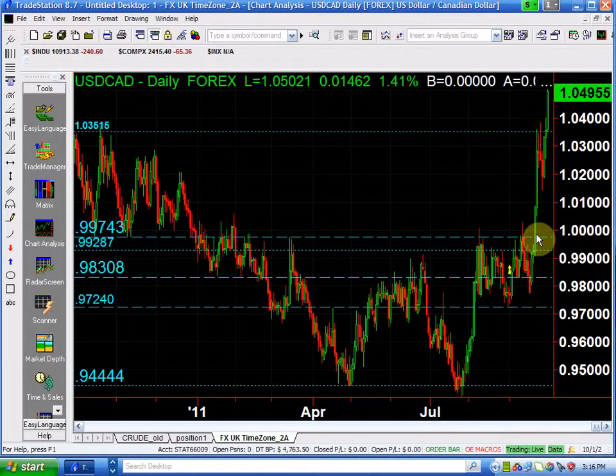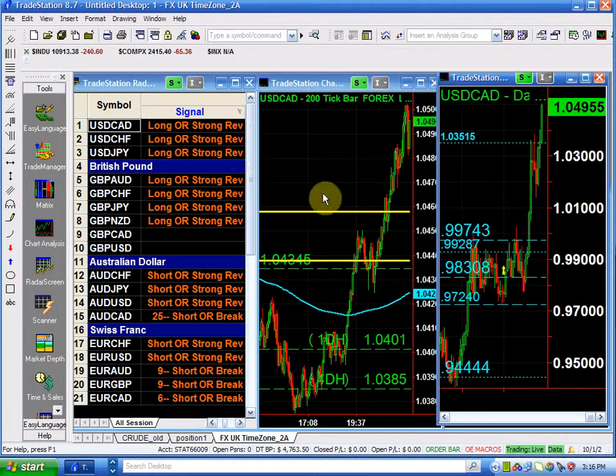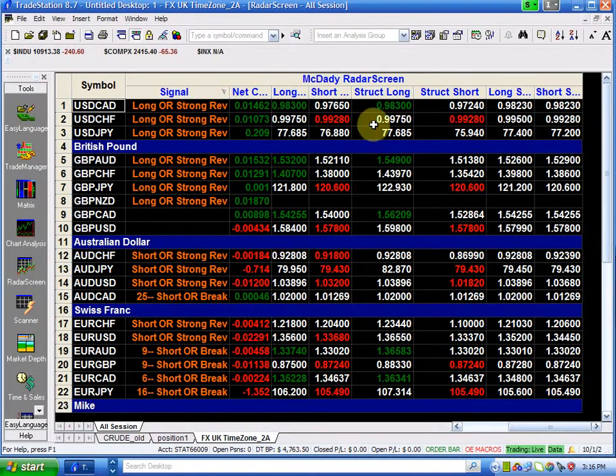As I told you in the beginning, our buying point, our entry point based on the radar screen, was the 98.30. That was our long point, our buying point, and it was also a structure point where the trend has begun to move to the upside.